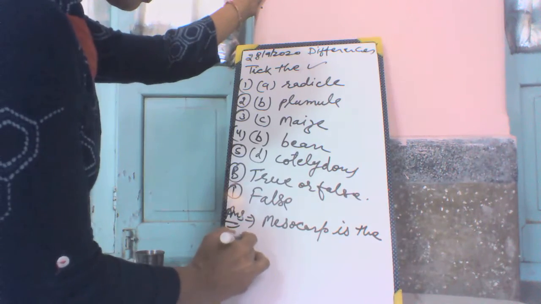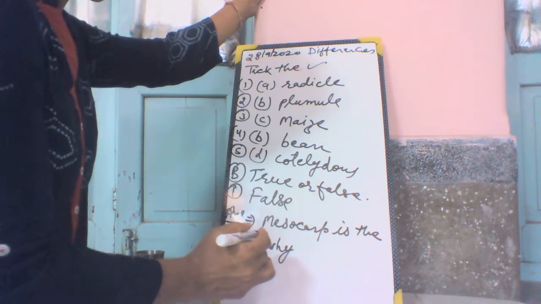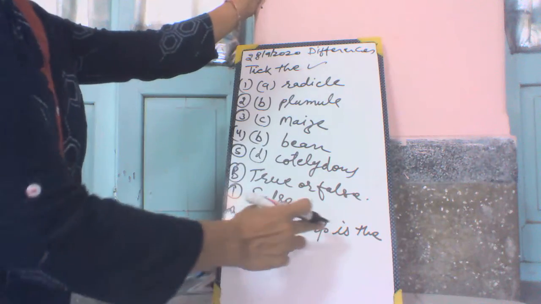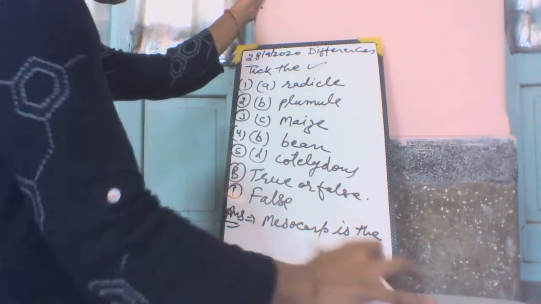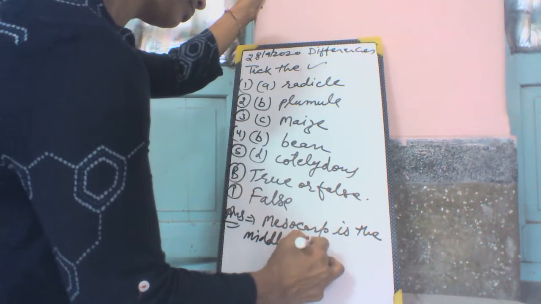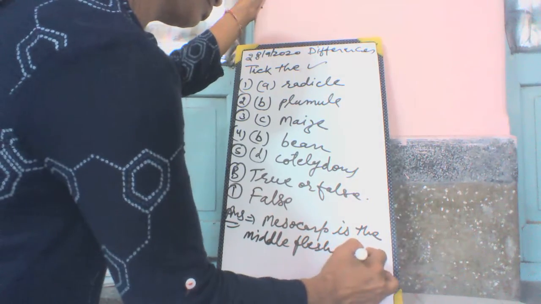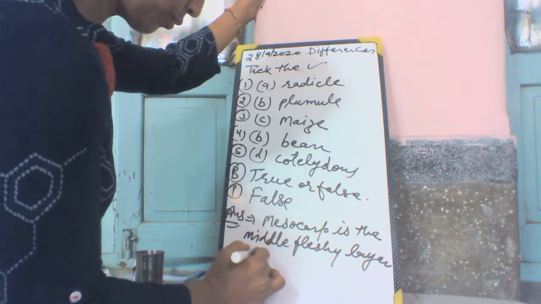Mesocarp is the middle fleshy layer of the fruit.